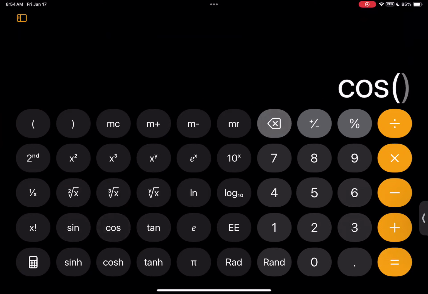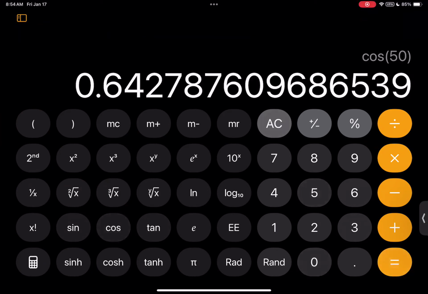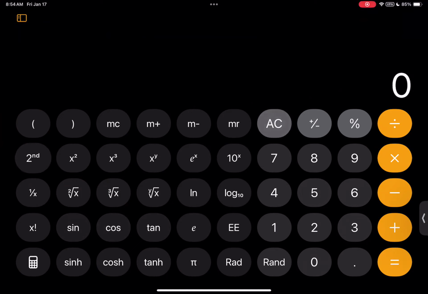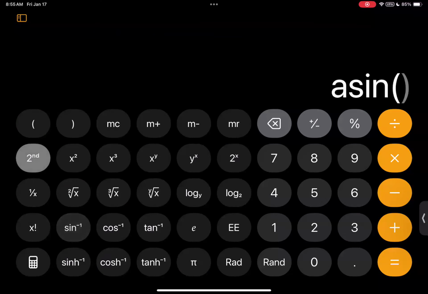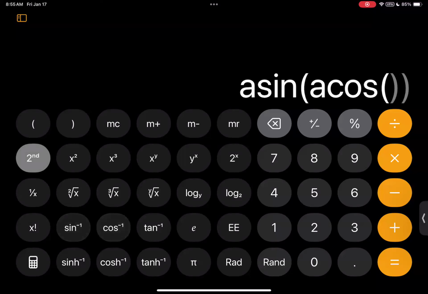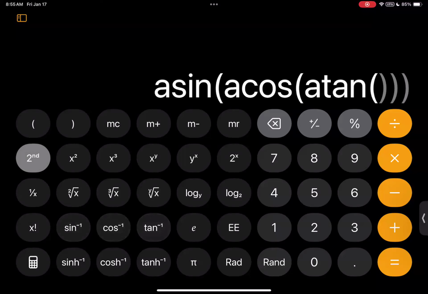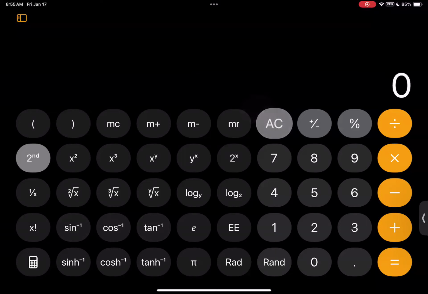Cosine of 50 degrees equals. And remember, we also use the inverse, which you can get by pushing second, then sine, cosine, or tangent. That is used when you have the ratio and you're looking for the angle.